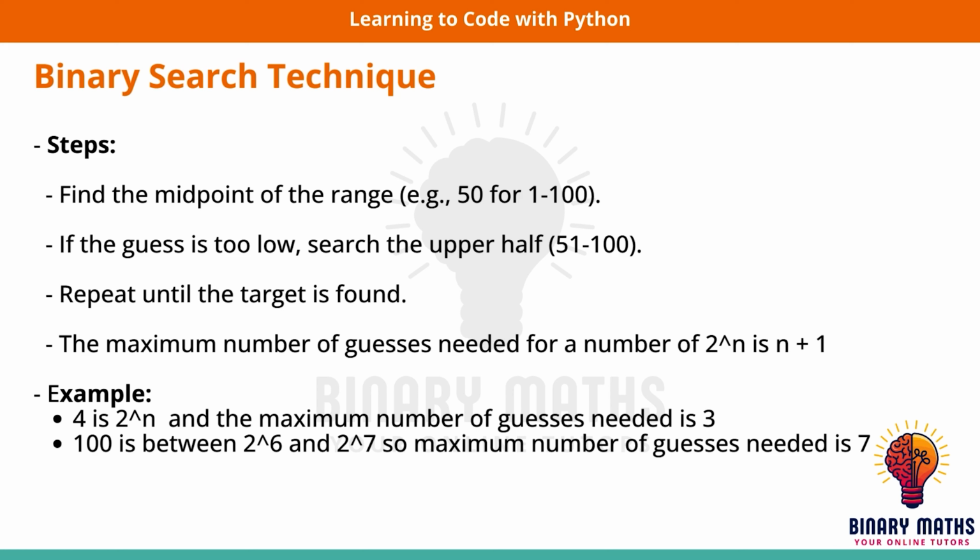And we repeat this until the target is found. The maximum number of guesses needed is 2 to the power of n plus 1. For example, for 100 items, you'll need at most 7 guesses. This makes binary search very efficient.